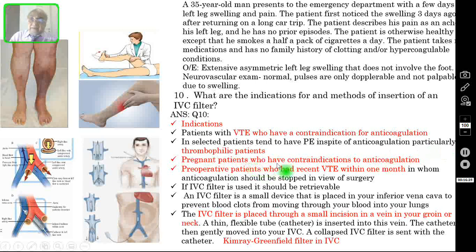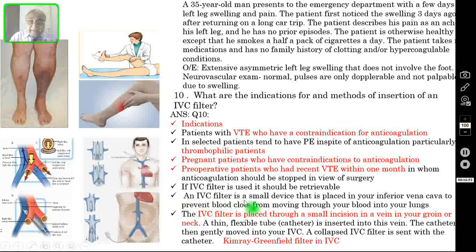Pregnant patients who have contraindication to anticoagulation. Preoperative patients who had recurrent venous thromboembolism within 1 month, in whom anticoagulation should be stopped in view of surgery. If IVC filter is used, it should be retrievable IVC filter.